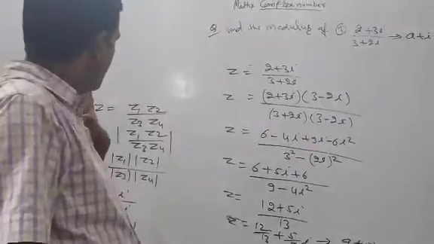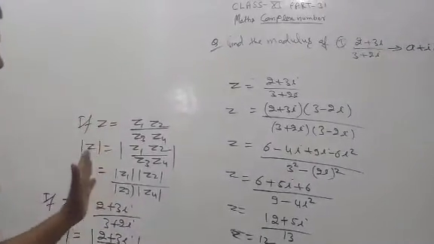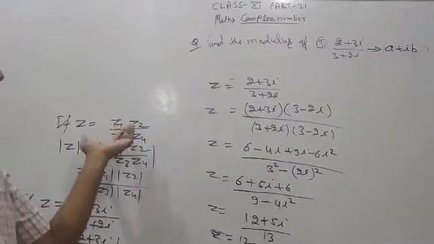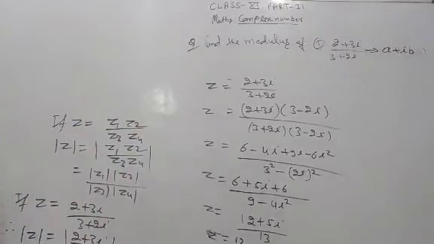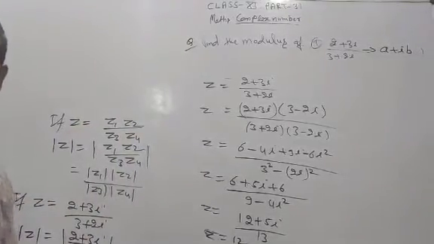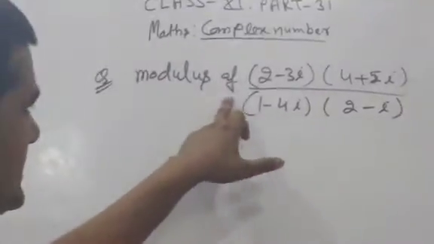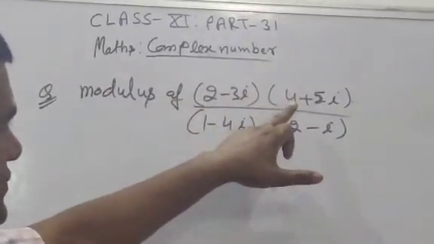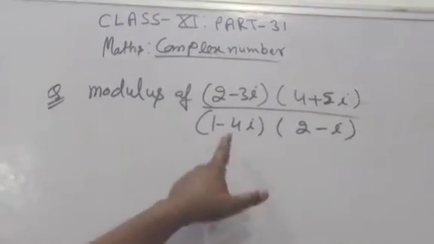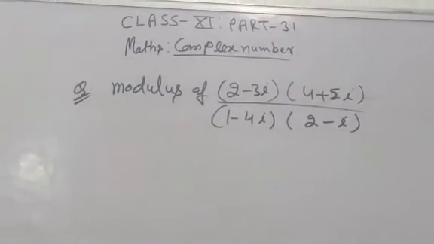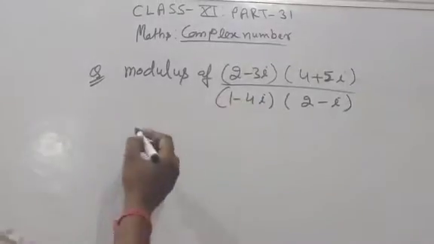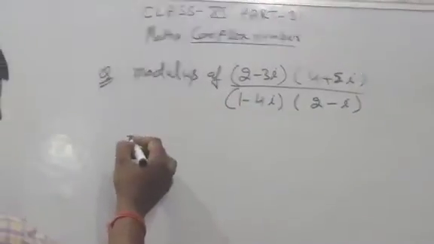If the condition is not given, we can use only the simple property. Understood? Okay. Now see this question. Modulus of (2 minus 3i)(4 plus 5i) upon (1 minus 4i)(2 minus i). Understood? Then modulus of this is equal to what?